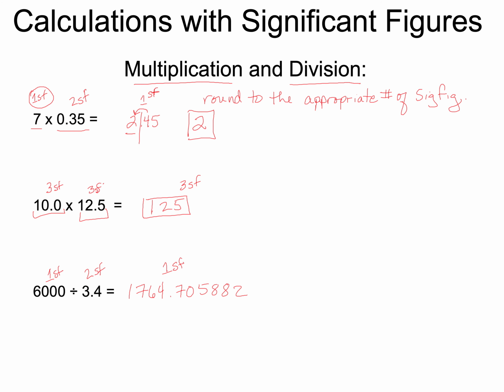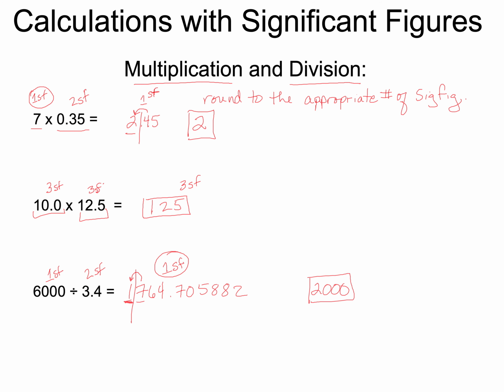But I need to round this to 1 significant figure. So that means to here. I still have to maintain that this place has to be in the thousands place, so it has to represent 1,000. So I take this number and round it. My 7 is going to round the 1 up to 2. But then I will put zeros in the place of 7, 6, and 4 to maintain the thousands place. So this will be 2,000. That is the answer to that calculation.